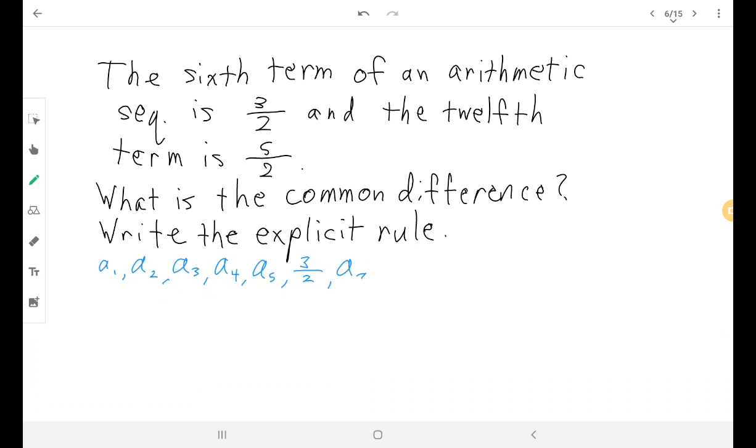The seventh term, the eighth term, the ninth term, the 10th term, the 11th term, and the 12th term. So now I actually want to focus on writing the explicit rule first. Okay? Oh, and I know the 12th term. Sorry, let me fill that in.